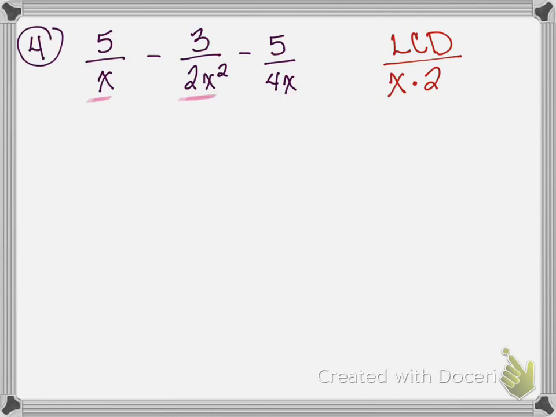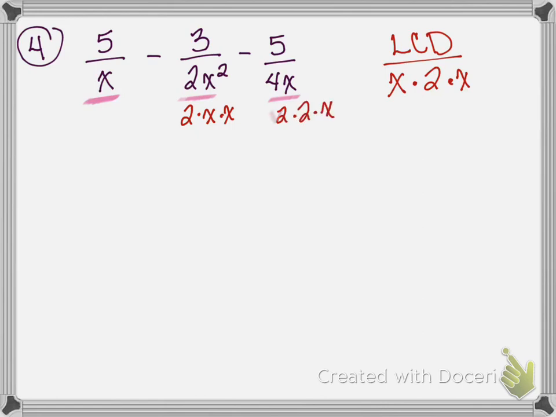That is the same thing as 2 times x times x. Okay? Because of this one, I've already got one of the x's, but I've got to include the other one. So that's going to be times x. Now for our third term, our 4x, that is 2 times x.